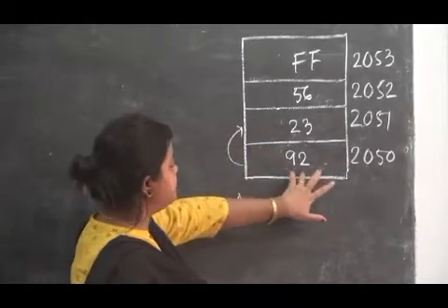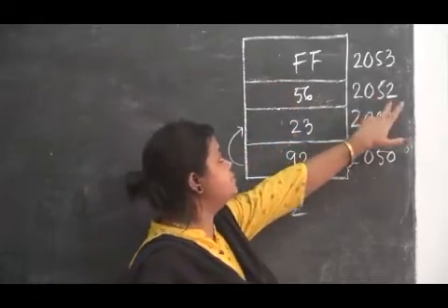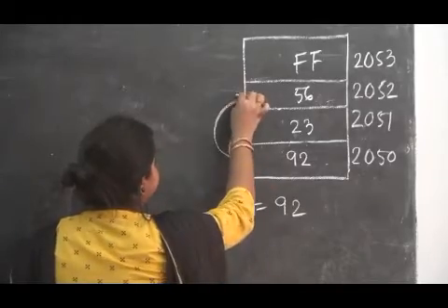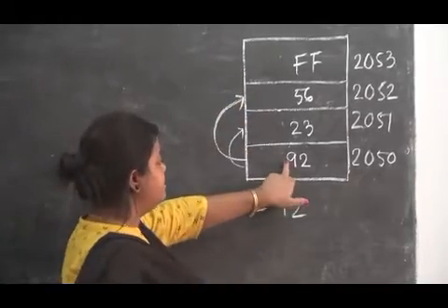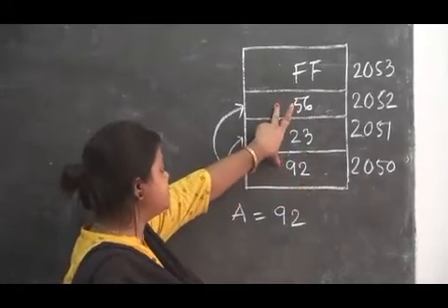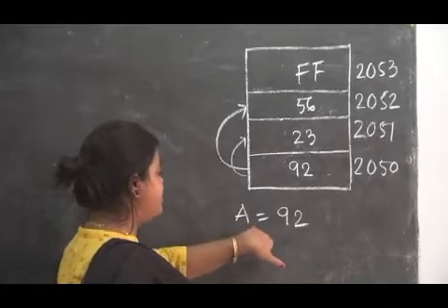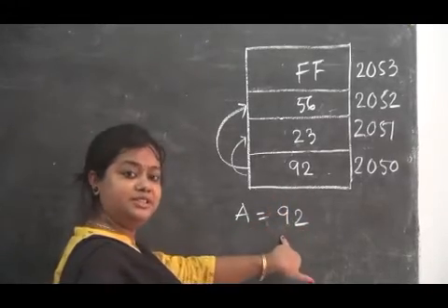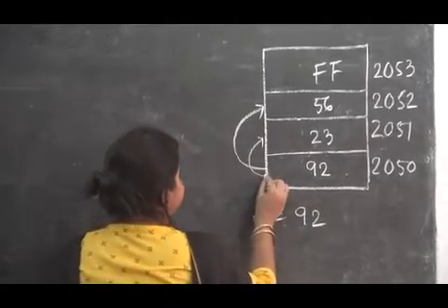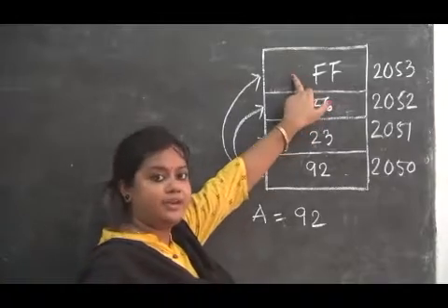After that, this 92 will be compared with the location 2052, that is 56. The next comparison will be between 92 and 56. Among these 2 data, 92 is highest, so the accumulator value will remain 92. There will be no changes. After that, this 92 will be compared with FF.